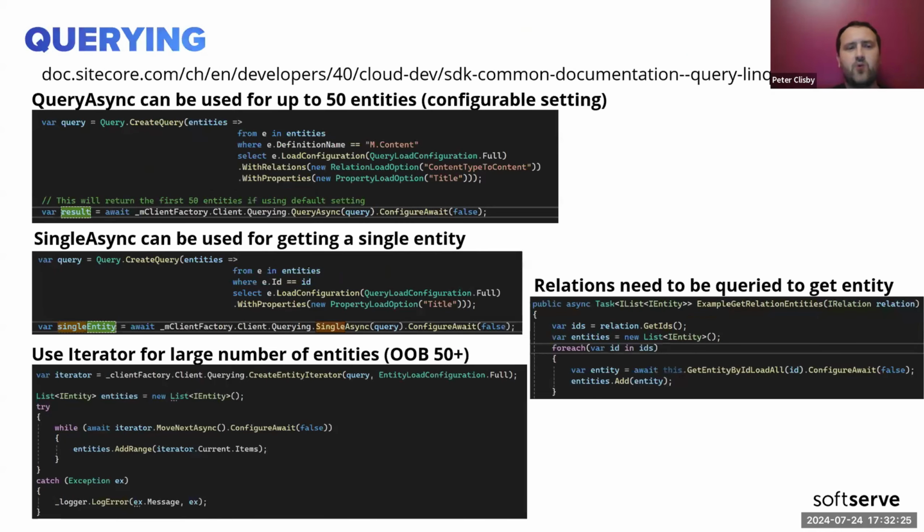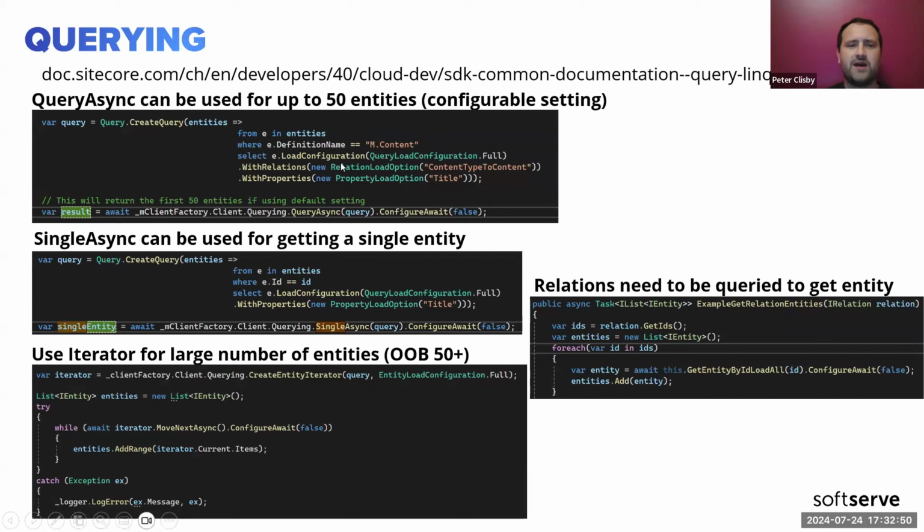So querying with the Web Client SDK, you can see, and again, the link to the documentation is very thorough. You can see here a really basic query looking for where the definition name is M.Content. So you're basically looking for CMP entities with that condition there.